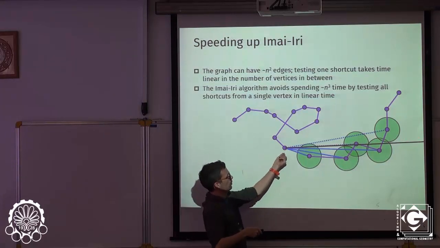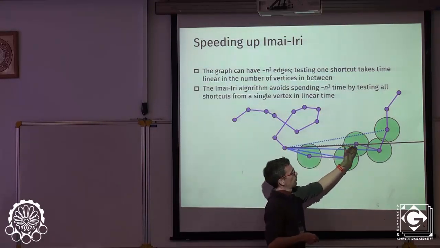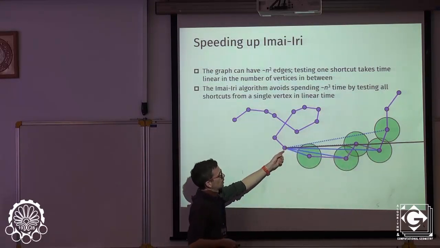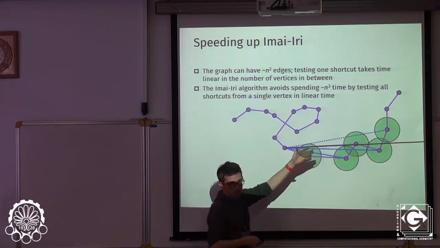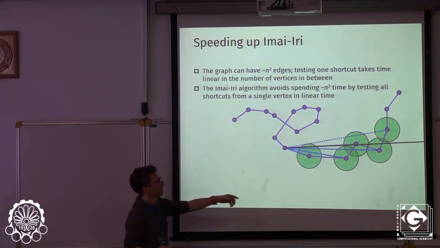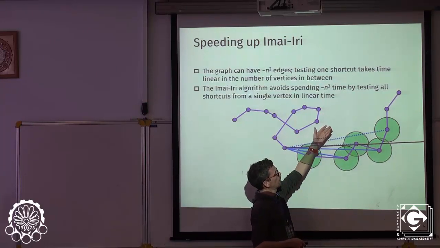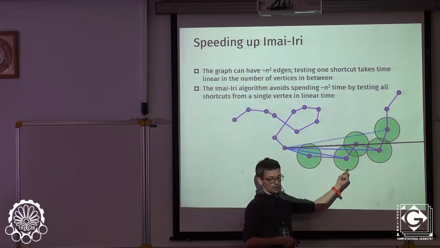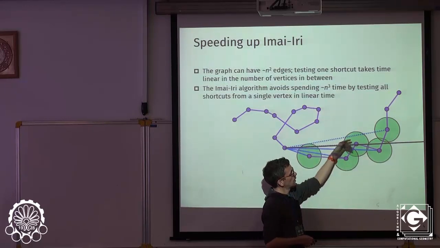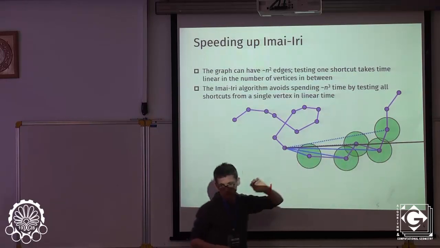So we now fix this as a starting point, and we do all tests for the vertices that come next. At this point, I know that whatever comes next, no matter where it is, I will not be able to stab all the disks, because if another vertex is above this line, I will not be able to stab this disk. If a new vertex is below this line, I will not be able to stab this disk.